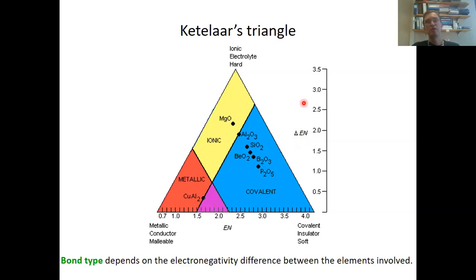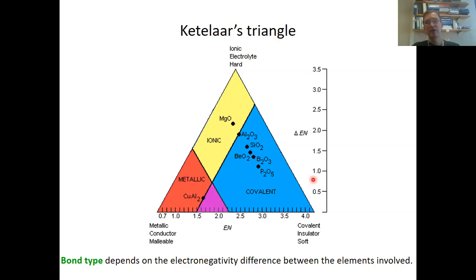Now the degree of the polarity will depend on the electronegativity difference. Which degree of ionic character a compound has can be nicely described using the concept of the van Arkel-Ketelaar triangle.